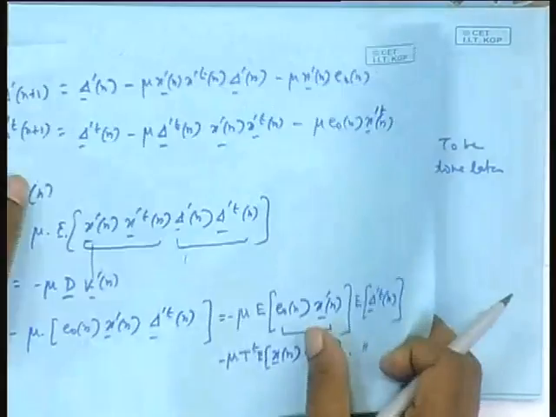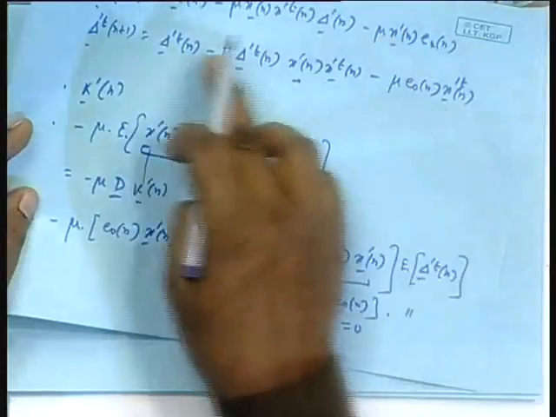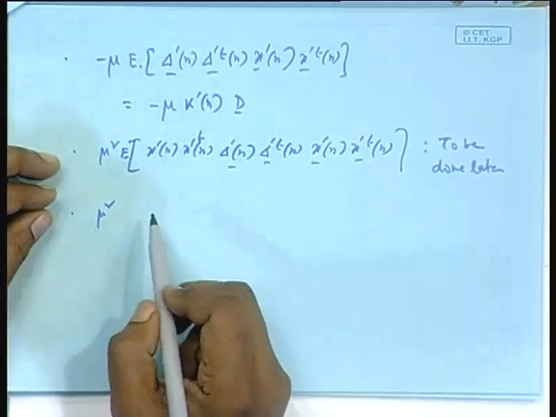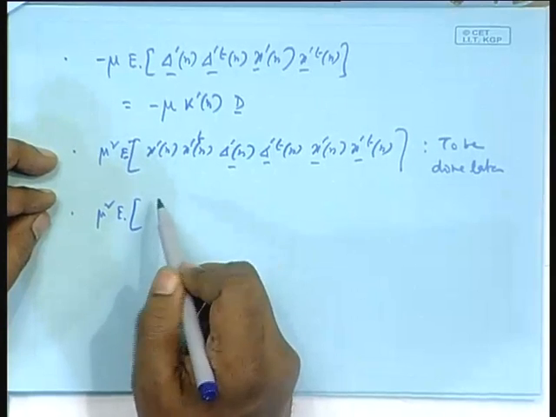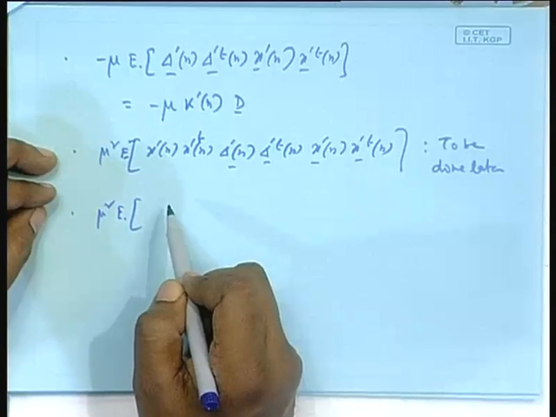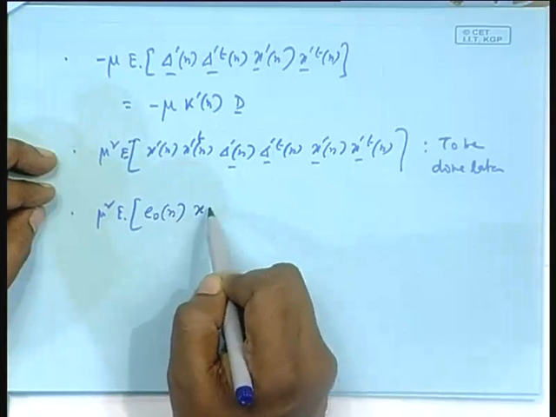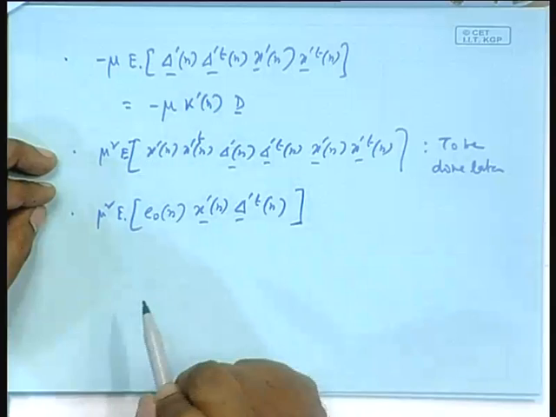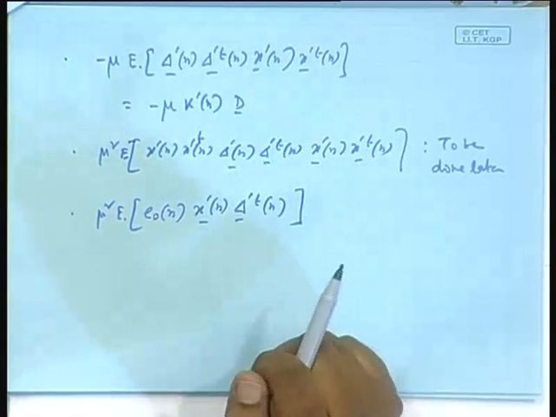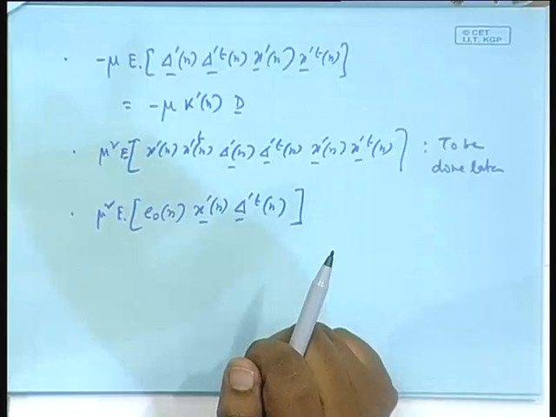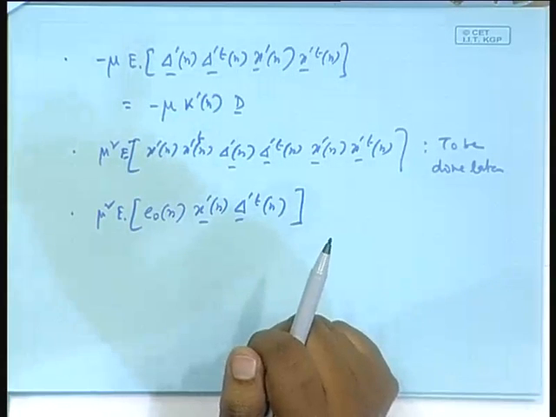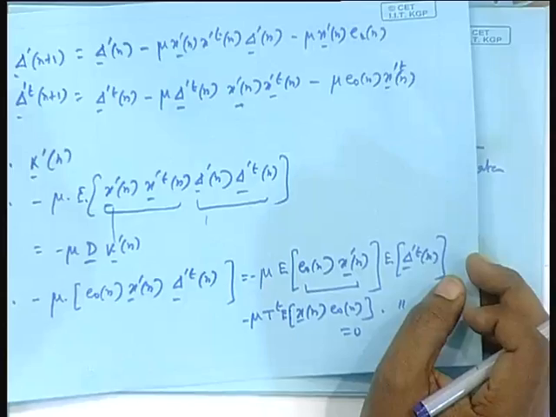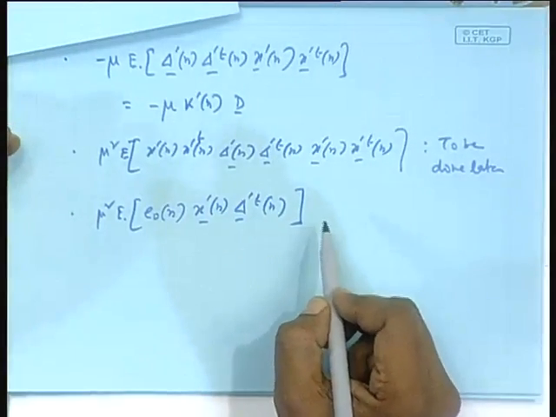And the last one is between these two. Again minus minus plus will be mu square. This will be 0, obviously, you can see.